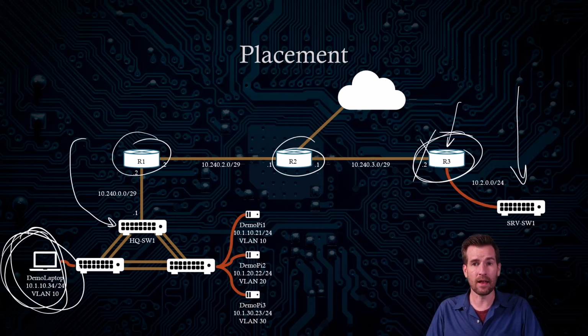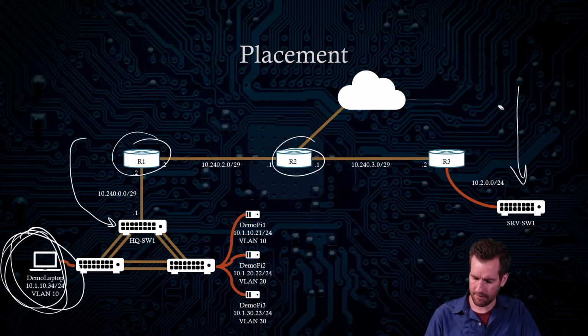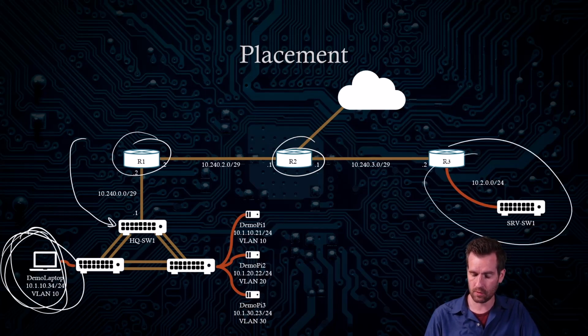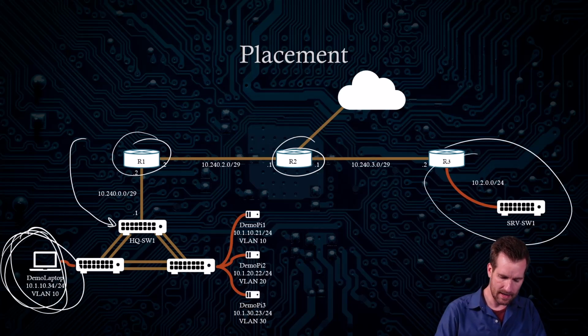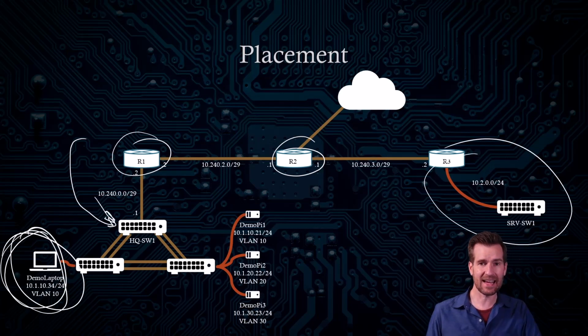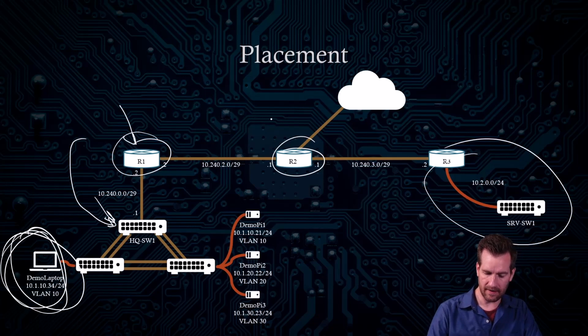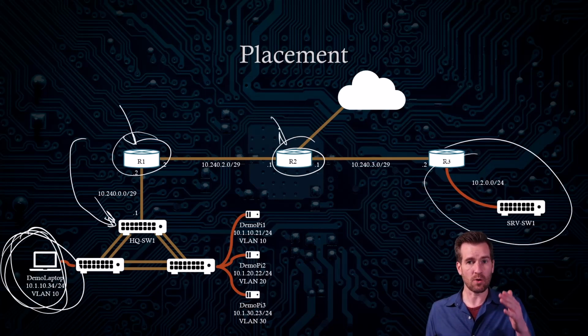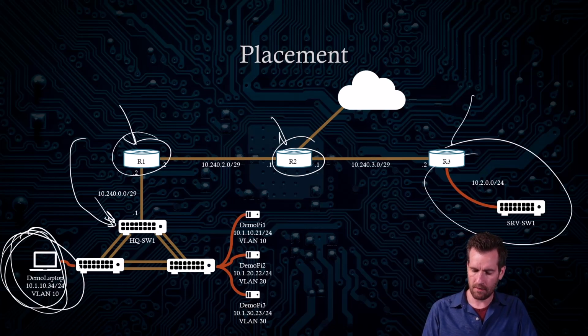But there is one other thing to consider, and that is the security involved. If I'm trying to block traffic to get to this network right here, I would have to put an ACL on every single VLAN, every single device that there is. I'd have to have a lot of different ACLs just to block traffic from getting to this network over here.